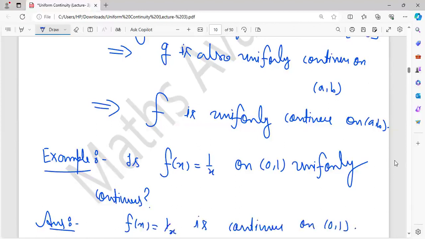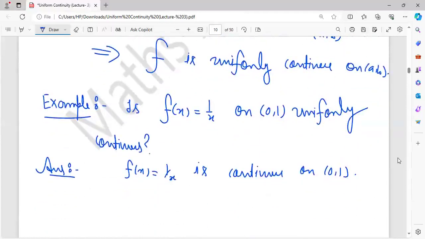By the theorem which we have proved just before, if some function is defined on open interval AB, with A and B finite, and the function is continuous, then it will be uniformly continuous if the right hand limit at 0 and the left hand limit at 1 exist.